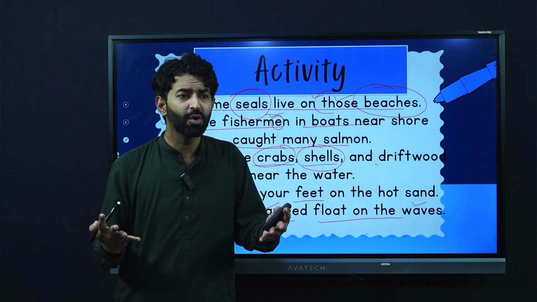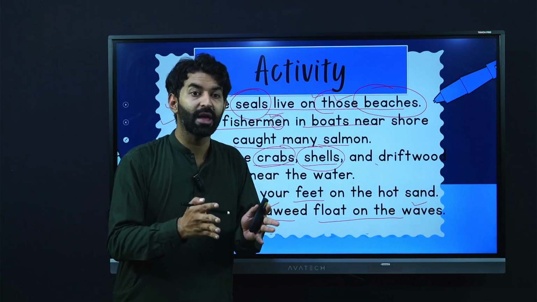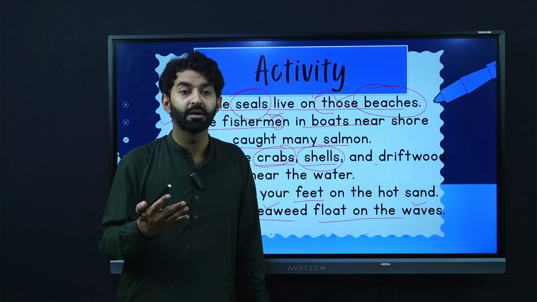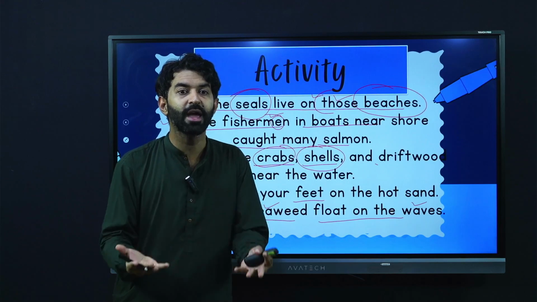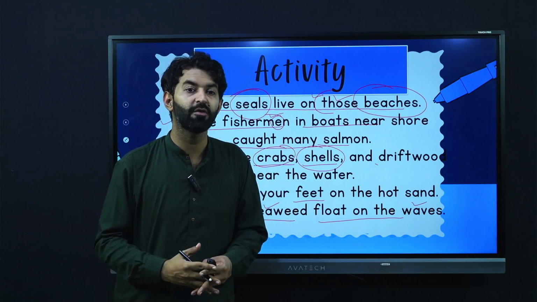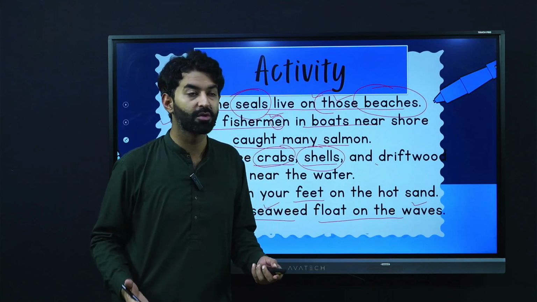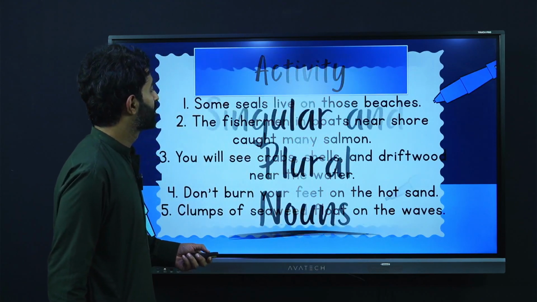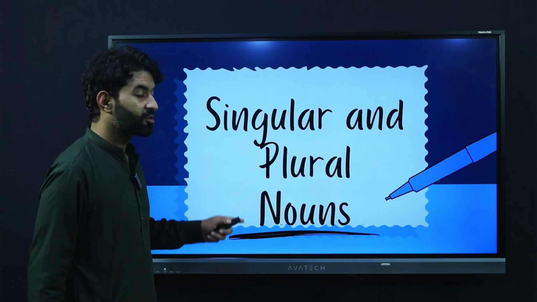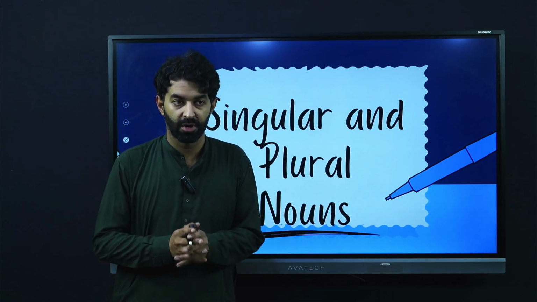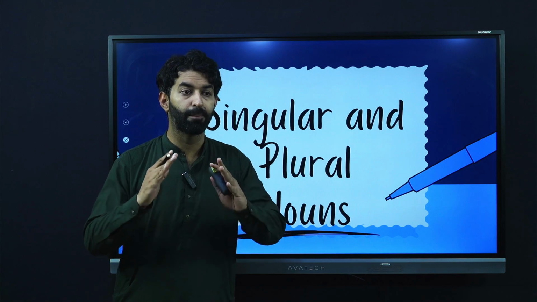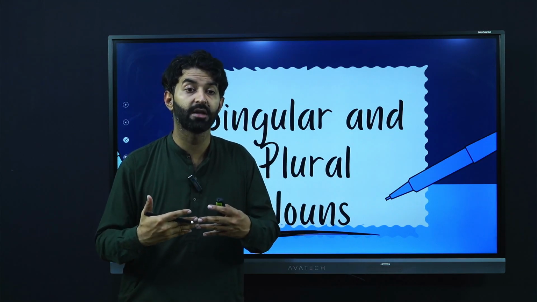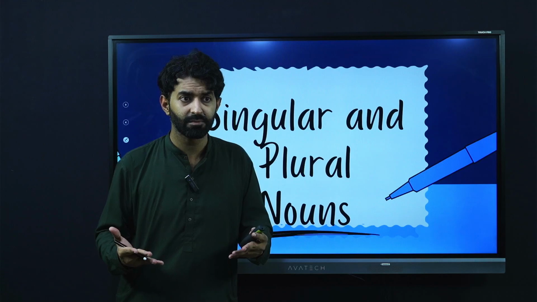So you can see that not only the S is required, but the different word can be changed also, and that will count as our plural noun. Now, our topic is on singular and plural nouns, identifying them, applying them in our speech and in our writing.